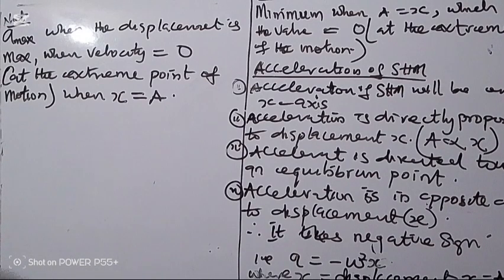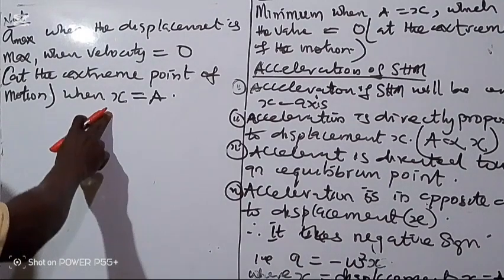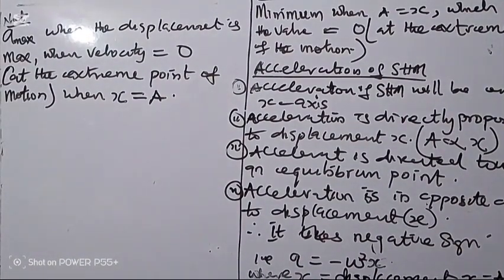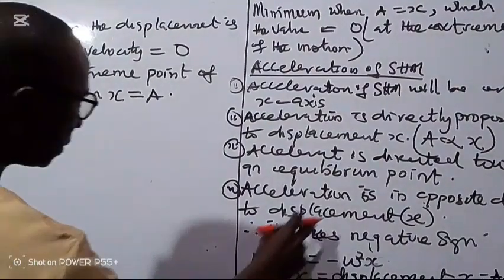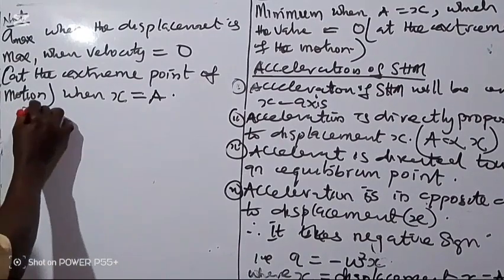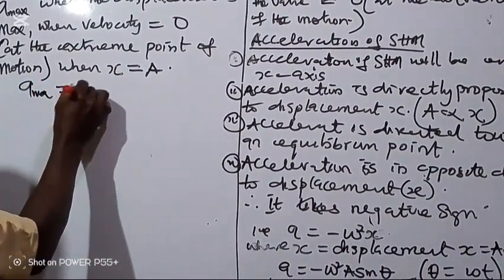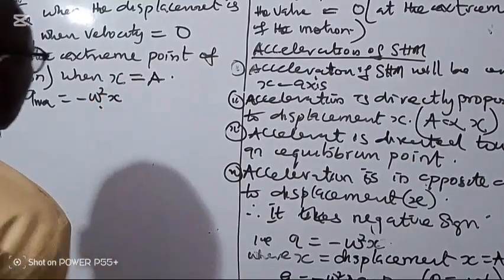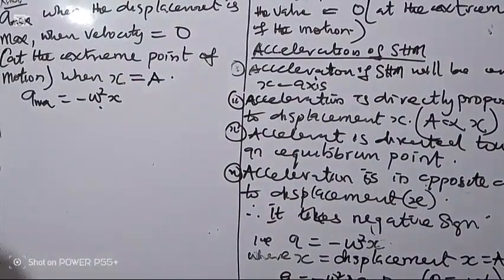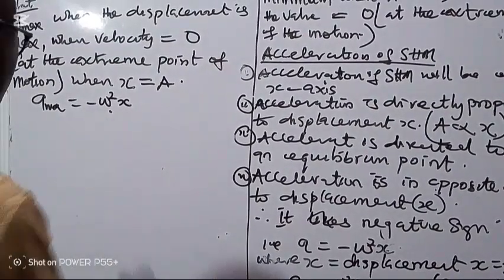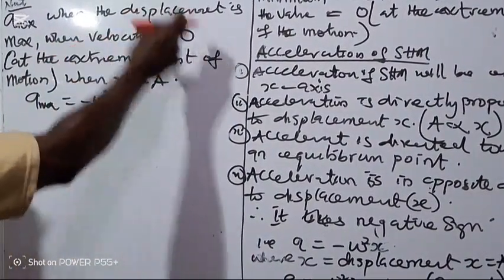So when s is equal to A, we are going to have the maximum acceleration, and the value of the maximum acceleration, as I wrote here, will be A maximum equal to minus omega square, either A or s. Just take anyone. When s is equal to A, we have maximum acceleration at the extreme point, or when velocity is equal to 0, or when we have the maximum displacement.